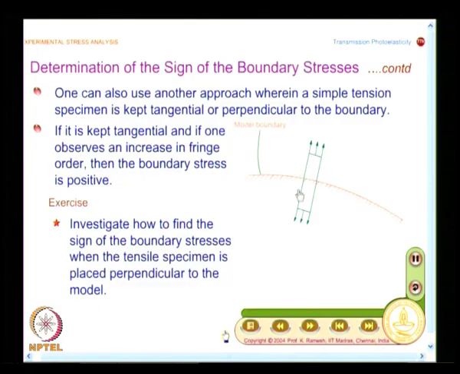If I keep it perpendicular, when the fringe order increases, the boundary stress will be negative. When it is negative, sigma 1 minus sigma 2 will become sigma 1 plus sigma 2. So, the fringe order will increase, and here you are only keeping this specimen close to the model, you are not attaching it, it is like an external compensator.